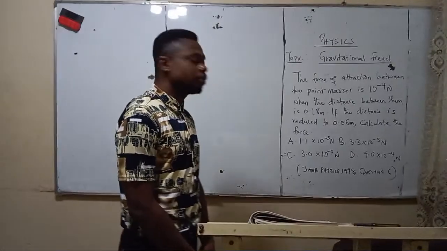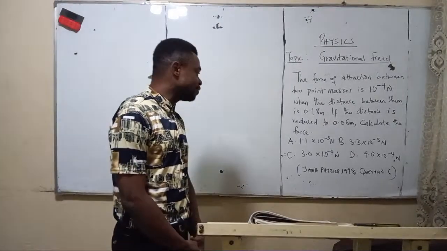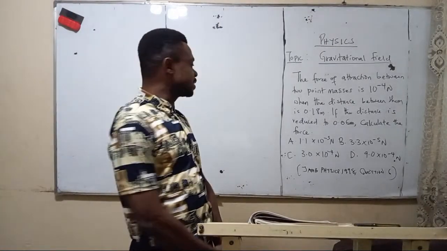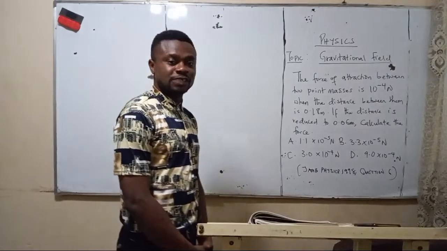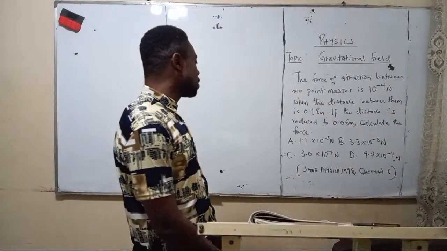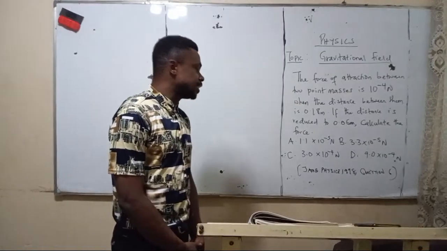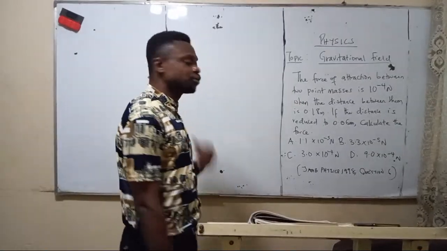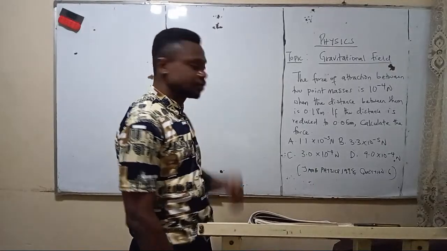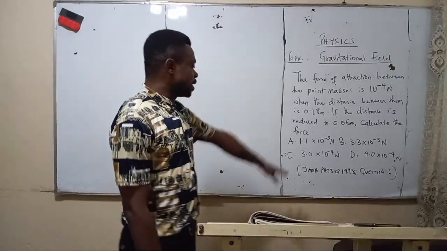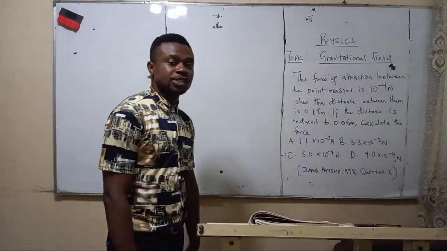Option A says 1.1 times 10 raised to the power minus 5 Newton. B says 3.3 times 10 to the power minus 5 Newton. C says 3.0 times 10 raised to the power minus 4 Newton. And D says 9.0 times 10 raised to the power minus 4 Newton. JAM Physics 1998, question number 6.